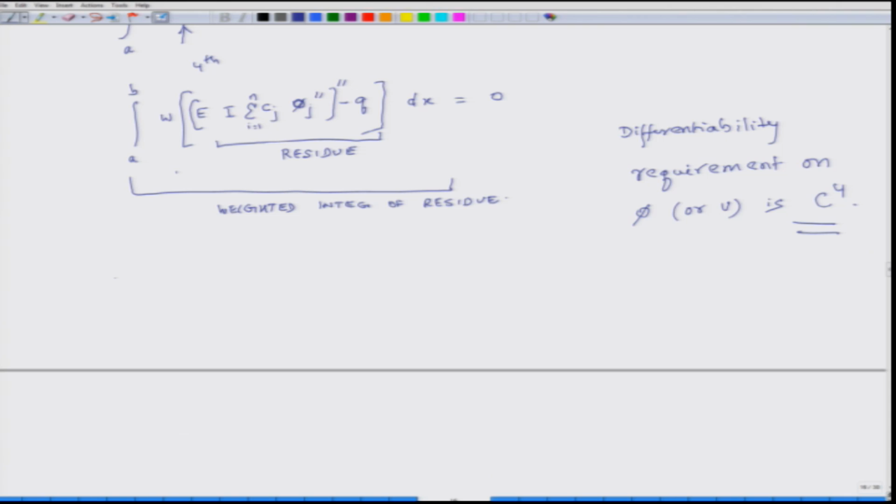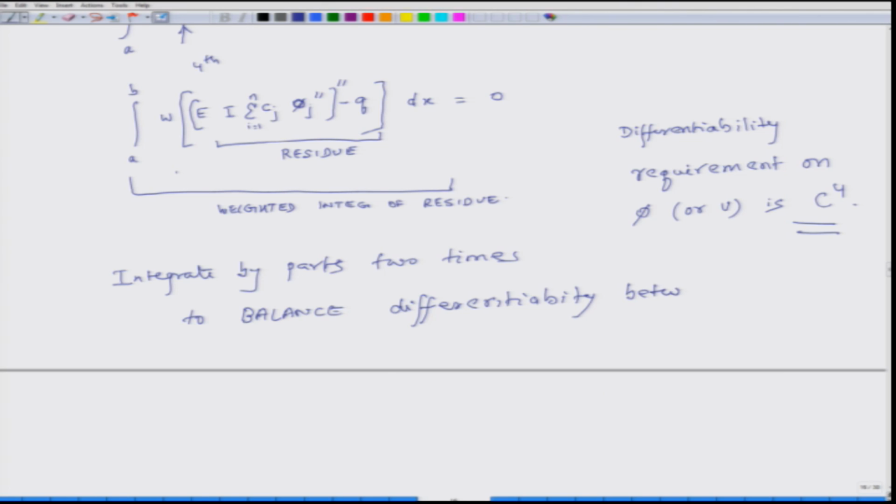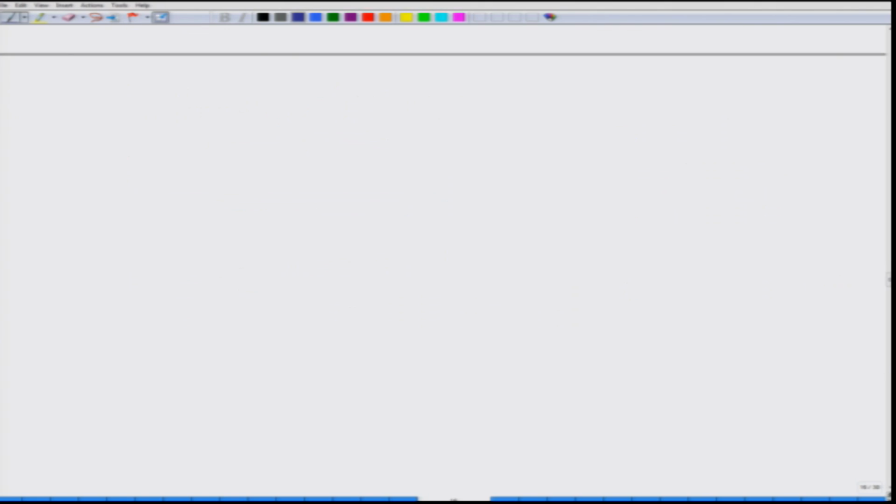So, if we integrate it by parts 2 times to balance differentiability between W and U. So, that is what we will do.